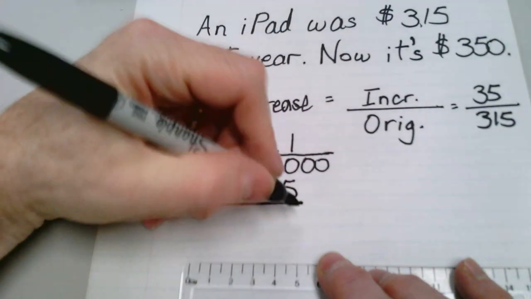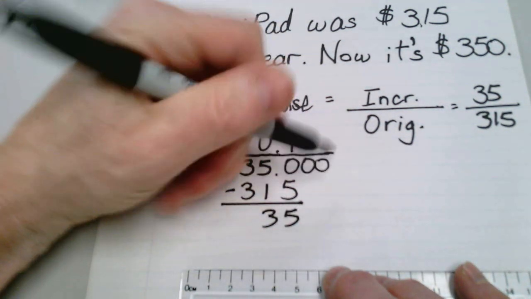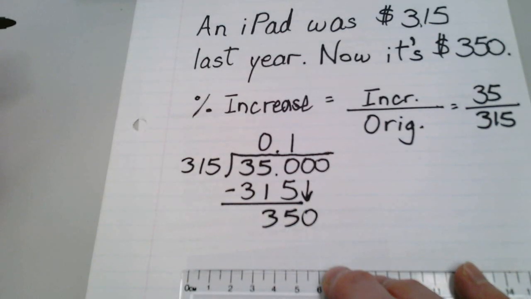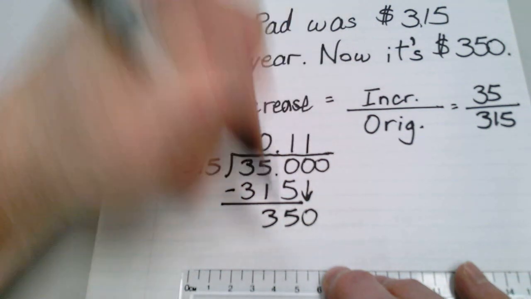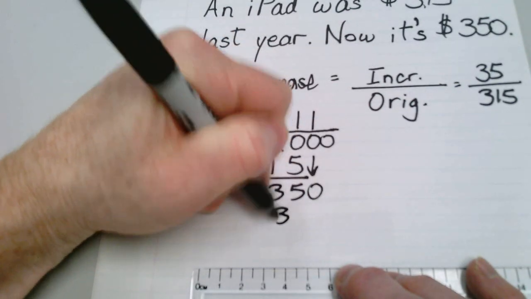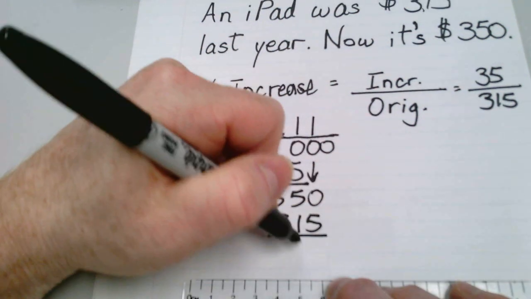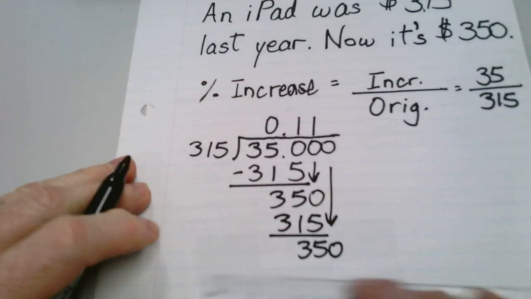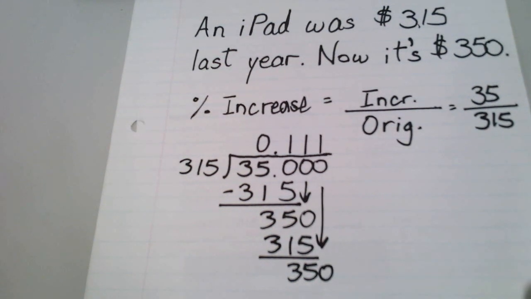Now we subtract. We get 35. Bring that down. Oh, it looks like we have some repeat. So 1, and that's 315. So we know this is just going to continue on and on, where we get a 35 left over, and then we bring down a 0. So because of that, we know the 1 goes on forever.